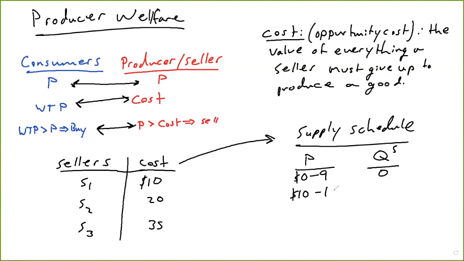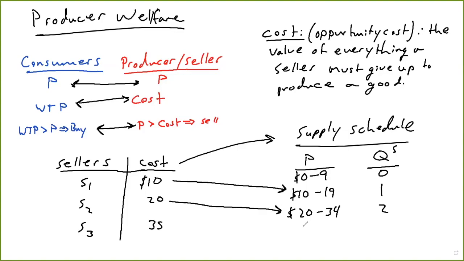From 10 to 19, seller 1 is interested in selling now. So we have 1. Then 20 to 34, seller 2 enters the market. And at 35 and up, we get all sellers who are willing to sell at that price.